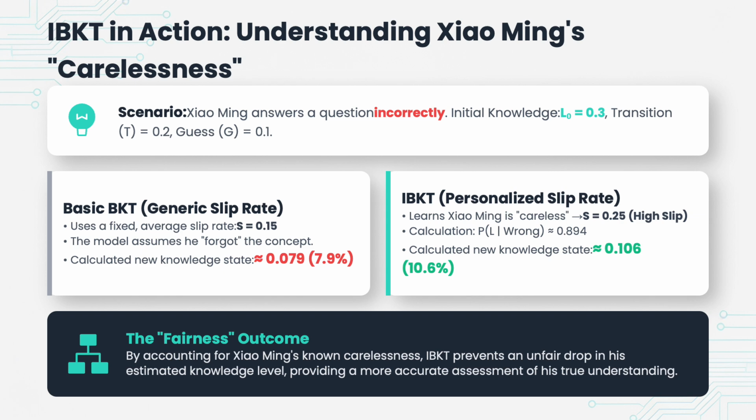When we perform the calculation with this higher S value, his knowledge state only drops to about 10.6%. The system is effectively saying, this is probably just Xiao Ming being careless again, rather than assuming he suddenly forgot everything. This personalization leads to a much more accurate and fair assessment of his true knowledge state.